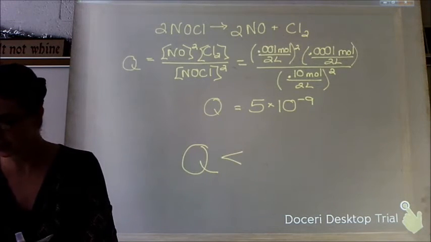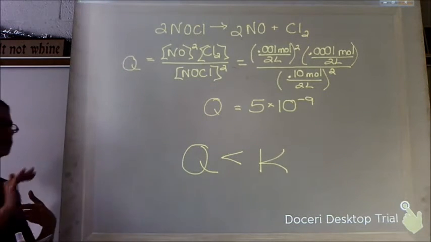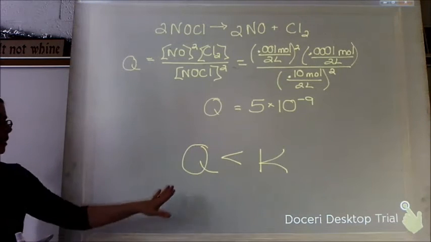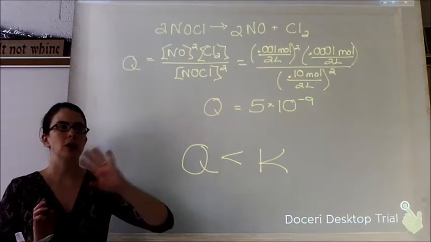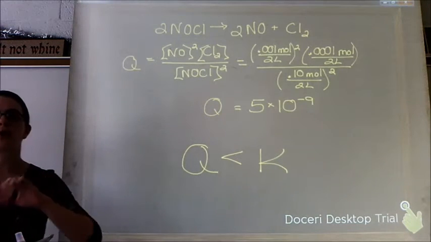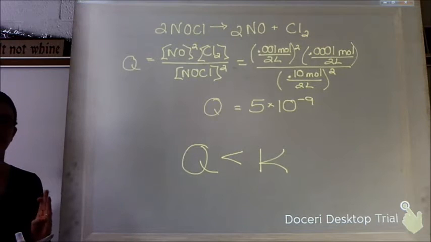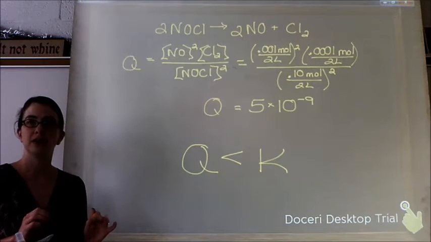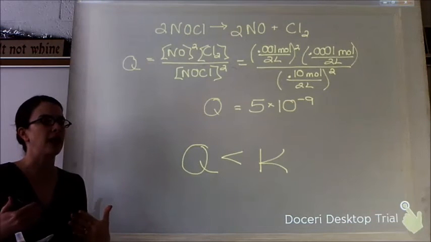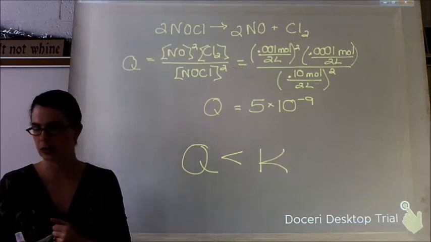Less than. Now don't tell me yet, is it going to shift to the right or the left? Does this situation mean I have made too much product or not enough? Not enough. So if we haven't made enough, which way should this move? To the right. You got it.